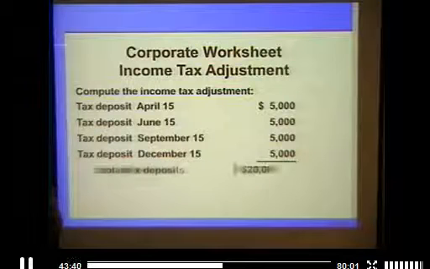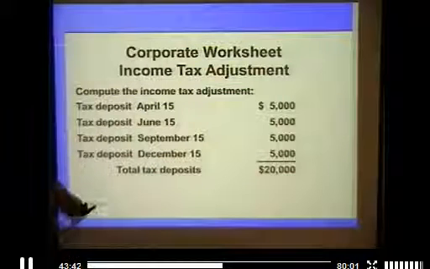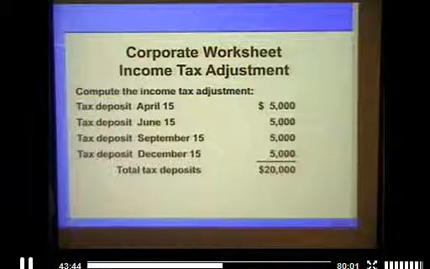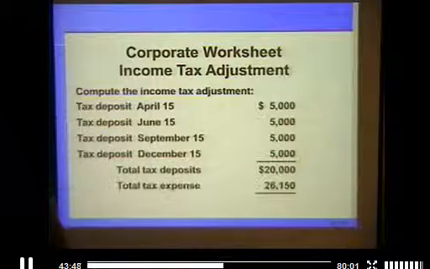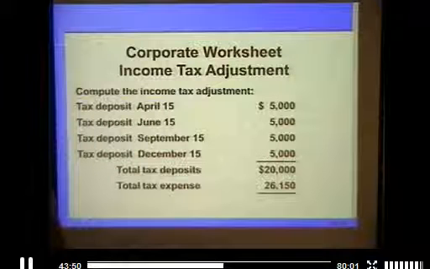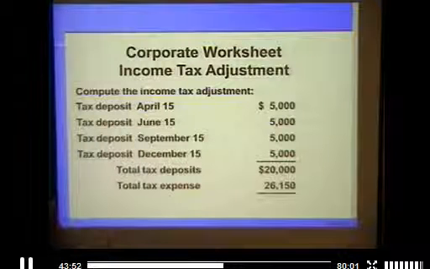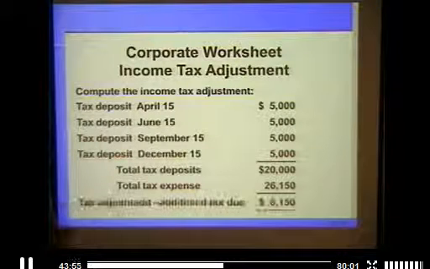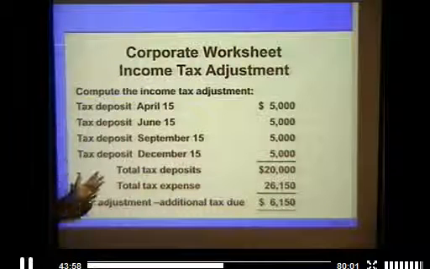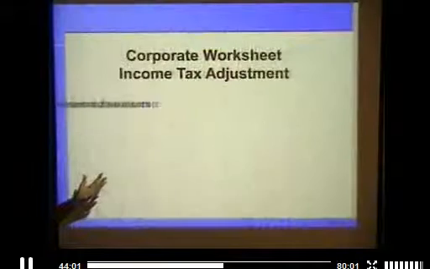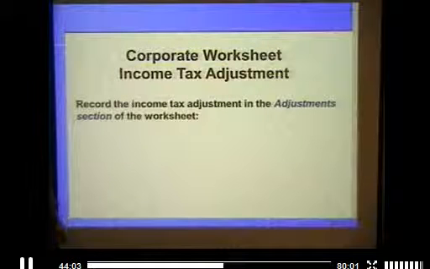And when they ended up with 20,000, okay, they had deposited 20, but we were due 26, whatever. Okay. So we've got to pay an extra $6,150. So that's ours. We've got to send that in to them, right, on our income tax return.